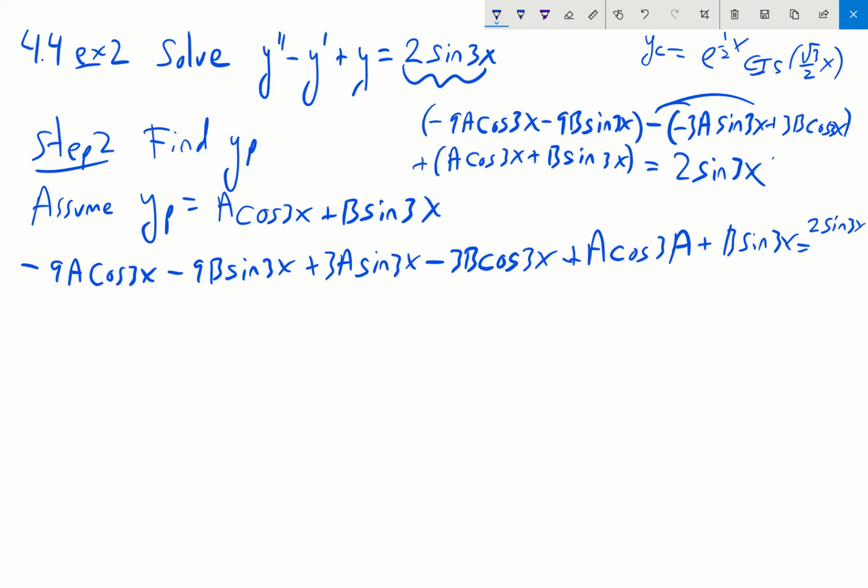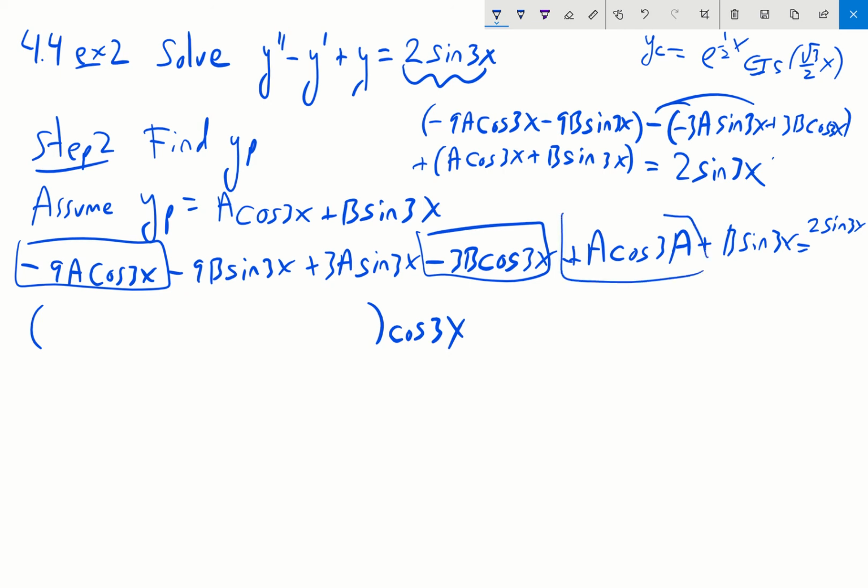On the left-hand side, we have a bunch of sine 3x terms and a bunch of cosine 3x terms. So let's group them together and factor them out so we can see the coefficients. Let me first begin by looking for the cosine of 3x terms. There's one here, and one here.